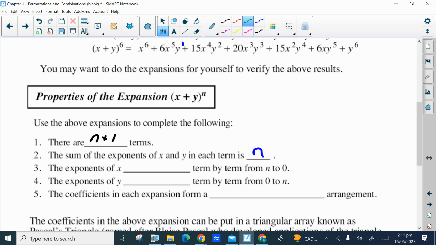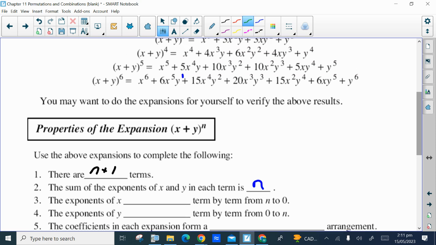The next line talks about what's happening to the exponents of x. In this case, we're doing the expansion of x plus y to the n. X is the first term of the binomial, y is the second term. They are x and y variables, but they can be any variable we want. But the pattern will be the same. If you look at what's happening to the powers on x, in each case, it starts at n and decreases by 1. For this last row, where n is 6, the first term is x to the 6th.